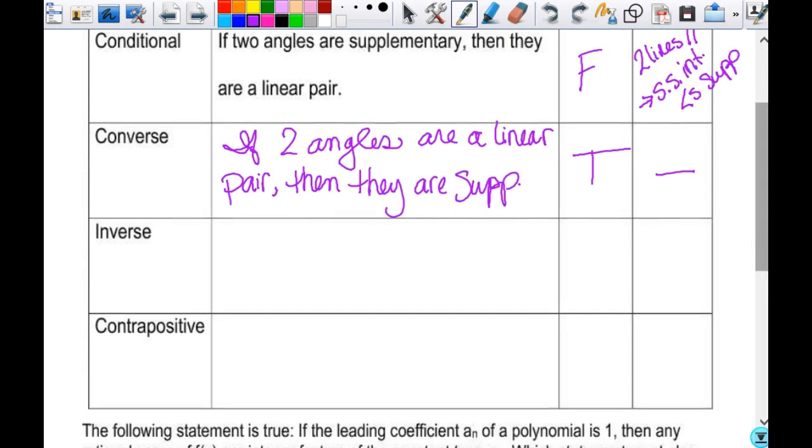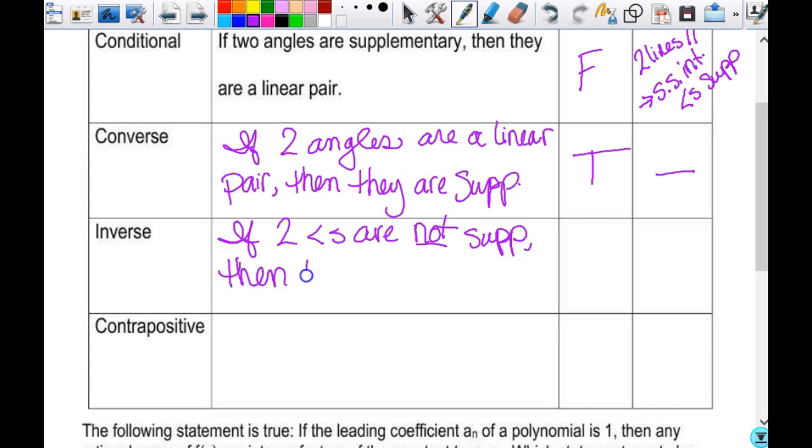So the inverse. For the inverse, which one do I make negative? The conditional or the converse? The conditional, right? So I would say if two angles, what? Are not. If two angles are not supplementary, then they are a linear pair.